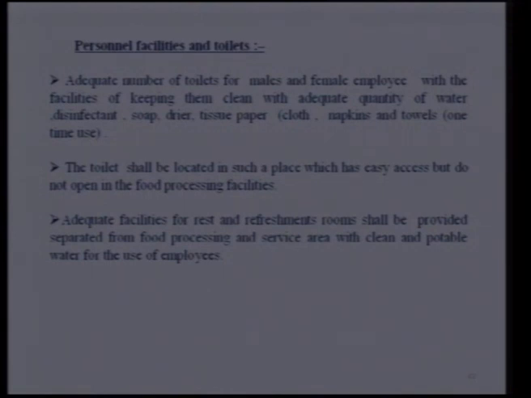If there are 100 workers, at least 4 toilet and wash basin facilities should be there, and the toilet should be away from the processing hall, with no direct connection to it. There should also be an adequate facility for a change room or refreshment room for the workers.